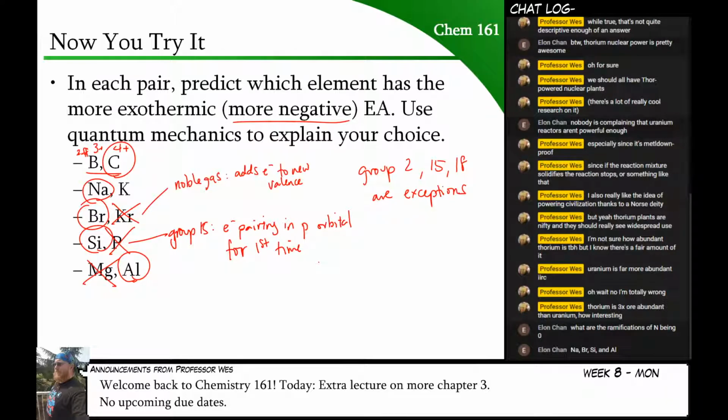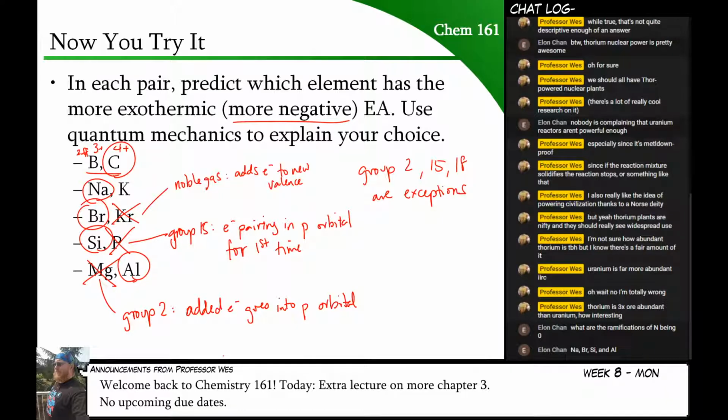And Z effective of 5 is not enough to hold on to that as effectively. So the electron repulsion takes over and reduces our electron affinity to be less negative. And then here for magnesium for group 2, the added electron goes into a p orbital. And Z effective of 2 is not enough to hold onto the electron there.